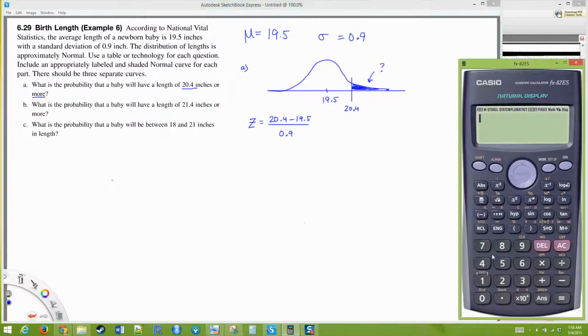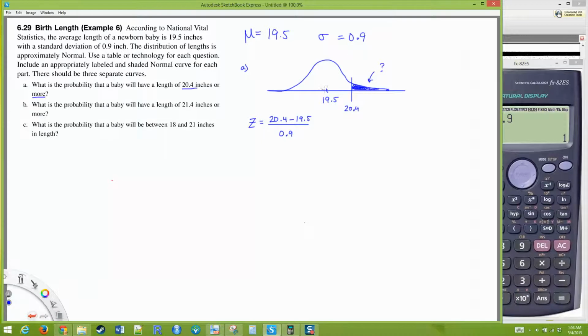So when I plug this into our calculator, 20.4 minus 19.5 is going to be 9/10, and if I divide that by 0.9, we see I have a z-score of +1.